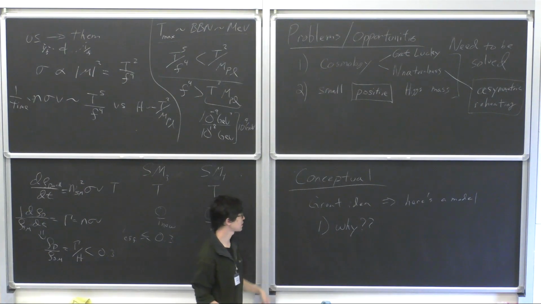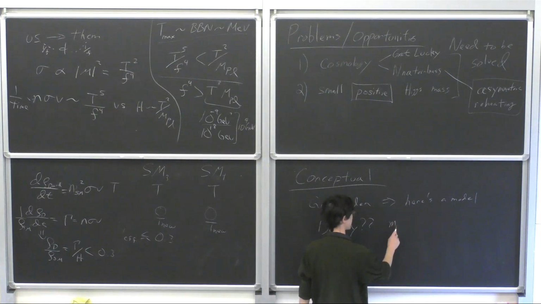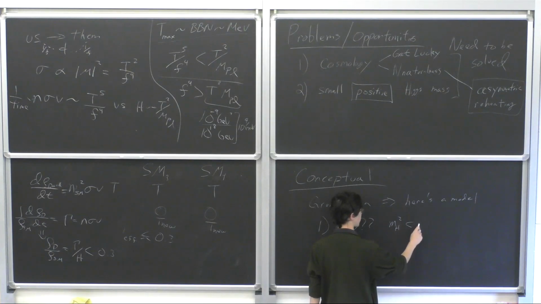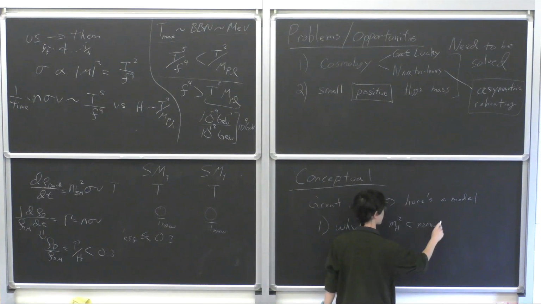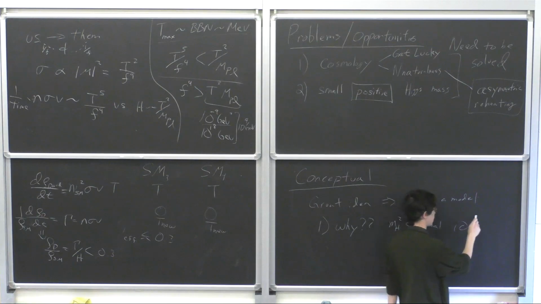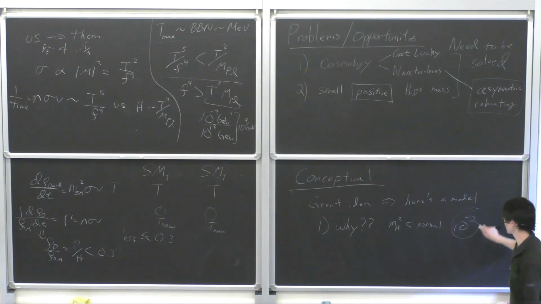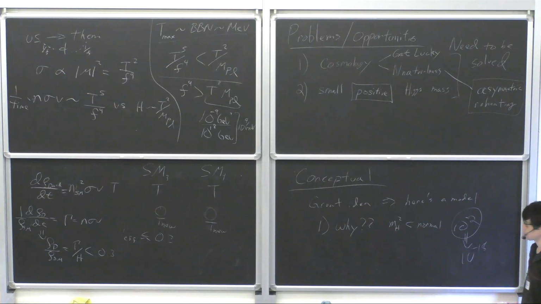I said this sets m_Higgs less than the normal or natural value by some 2 orders of magnitude or so. Of course, ideally, I would like to take this and turn it into whatever, 10 to the minus 18. I want to go all the way from the Planck scale, right? And if I don't understand why the model works, how am I supposed to change it and make it work better?